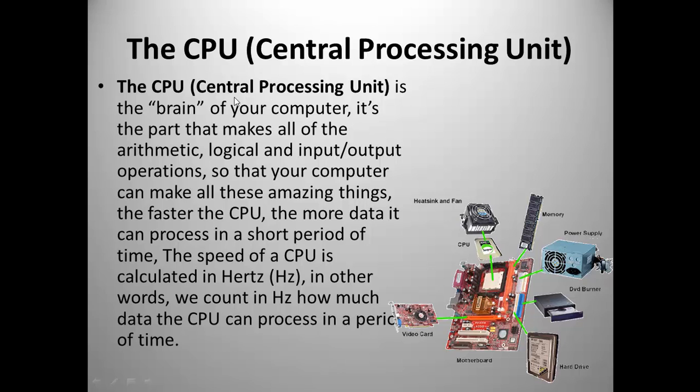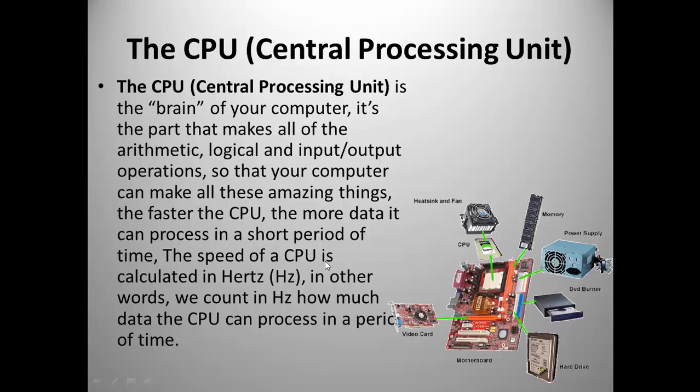So the Central Processing Unit or CPU is the brain of your computer. It's the part that performs all of the arithmetic, logical, and input-output operations so that your computer can do all these amazing things. The faster the CPU, the more data it can process in a short period.